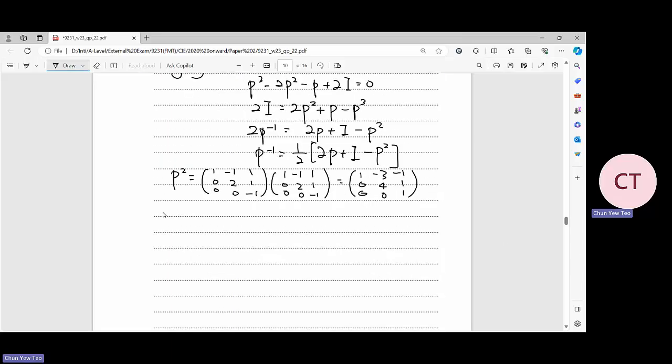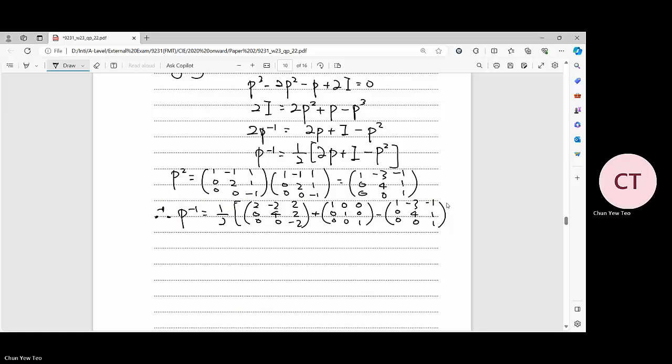Therefore, my P inverse is actually half of 2P plus the I minus the P square. Simplify it, so just add together.